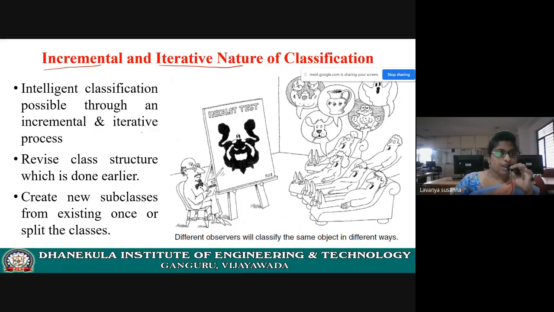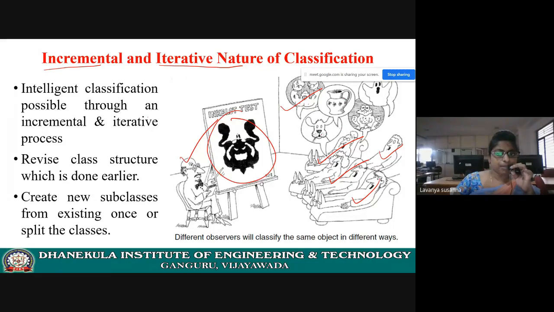And in this classification, there is no proper solution. This classification depends upon experience and knowledge also. See this diagram, or this cartoon. All these members are seeing this picture, but how they are imagining differently, right? Different objects.